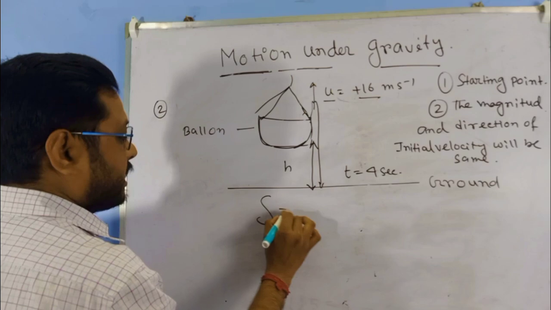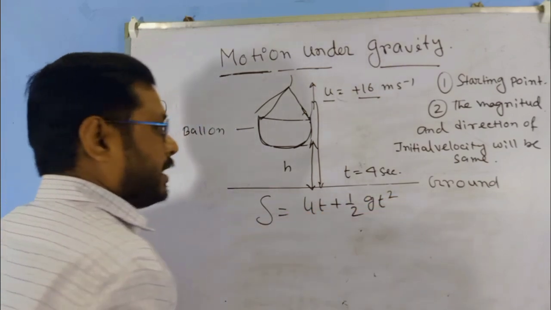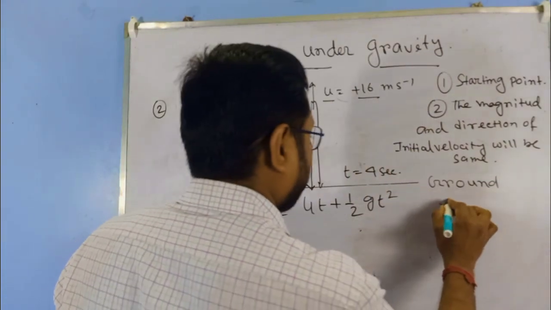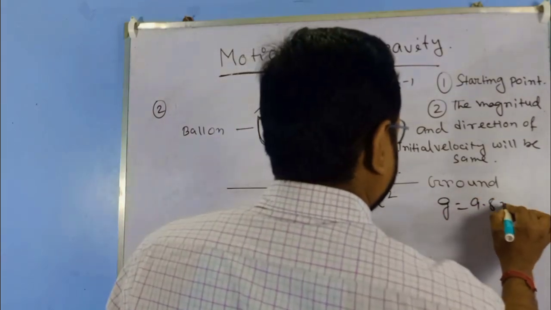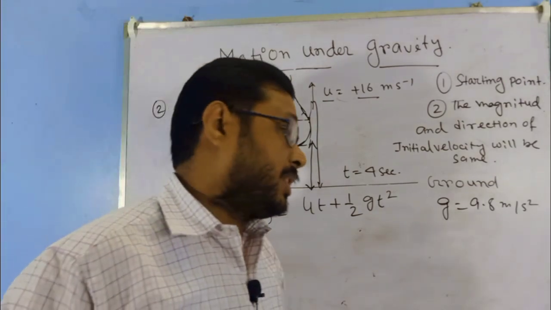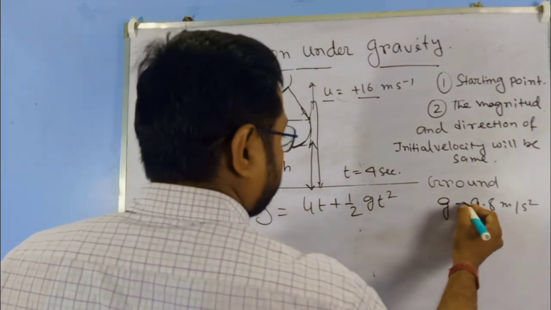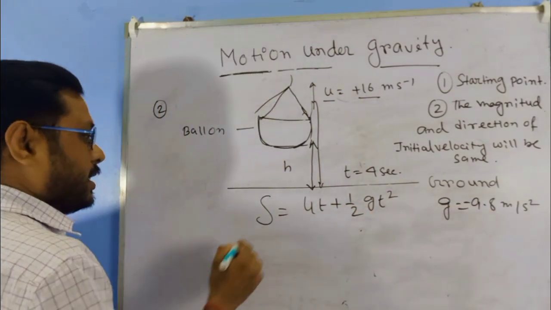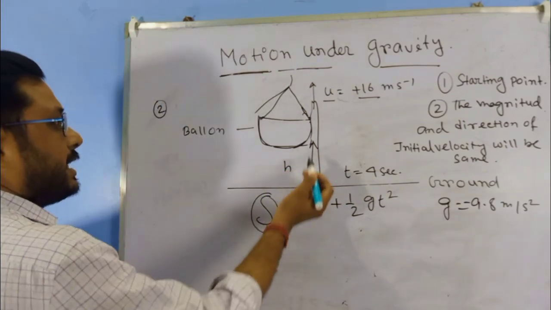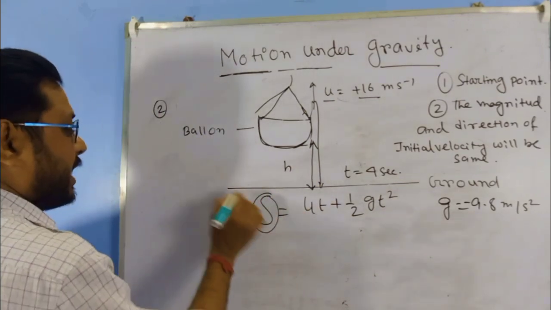Again from the equation s equal to ut plus half gt square. Here, if g is not given as 10 meter per second square, then we must take g equal to 9.8. This is a case of upward motion, so we take the value of g as minus 9.8 meter per second square. s is the net displacement, and as the velocity and displacement have opposite signs, here we write s equal to minus h.